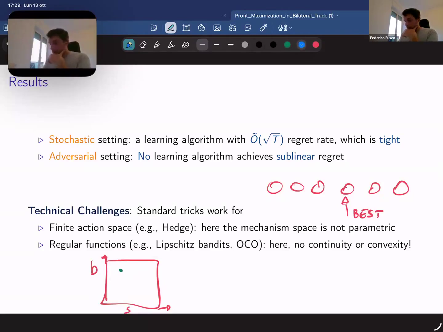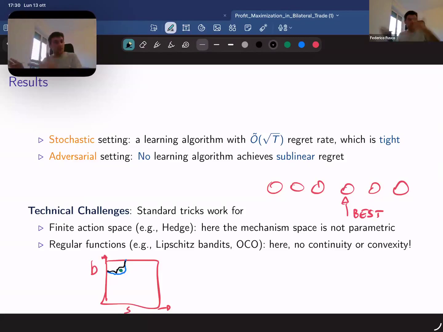Now, if you have a mechanism that takes this point, you will get constant profit. On the other hand, if you take another mechanism that is extremely close but misses the point, then the profit drops to zero.